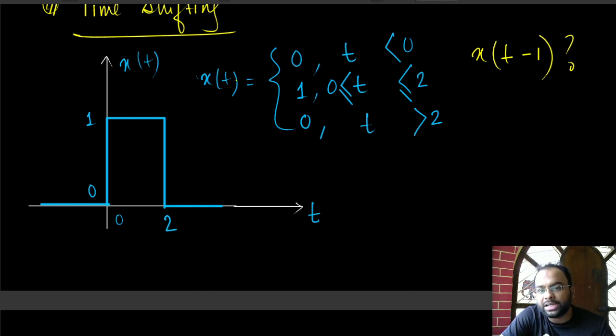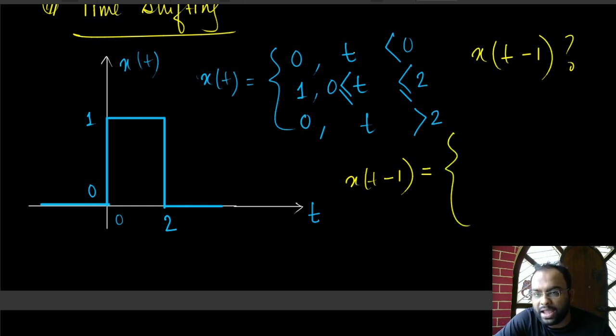So here, instead of having t, what if I just have x(t minus 1)? The definition of x(t minus 1) actually follows from the definition of x(t). And how do I define that? We simply define it the same way by replacing t with t minus 1, right? So for x(t minus 1), I have 0, I have a value of 1, I have a value of 0.